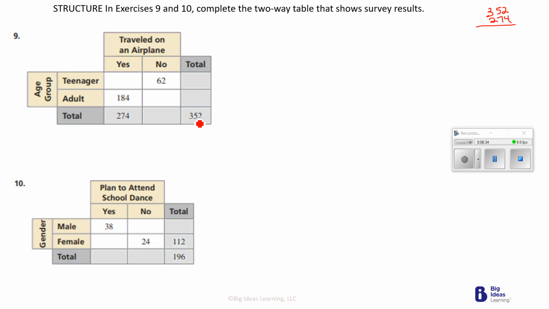Because if this is the total amount, and this is just the yeses, then I need the no's. Remember we're subtracting here. So that's going to give me an 8. We would have to borrow the 1, so that would be 4, and then we'd have to borrow 1 from here. And 14 minus 7 is 7, so that would make this 78.